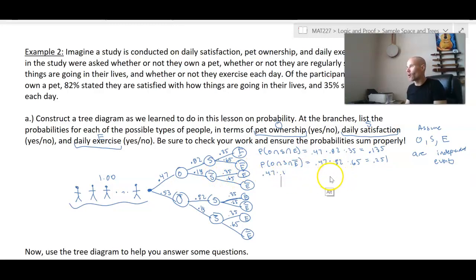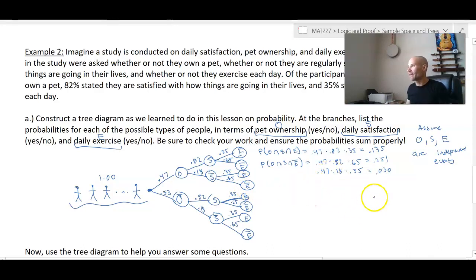I'm not going to write down all of these probabilities just to avoid making this kind of messy. So 0.47 times 0.18 times 0.35 comes out to 0.030.